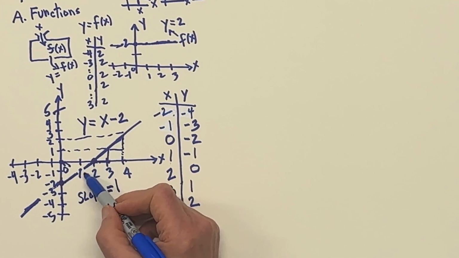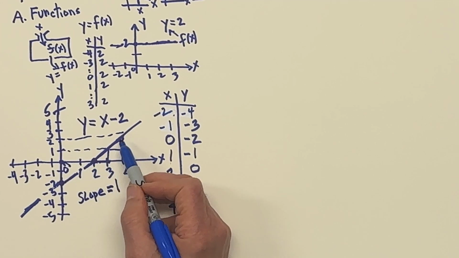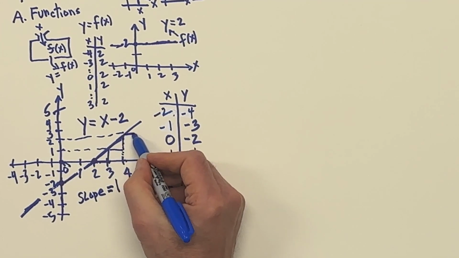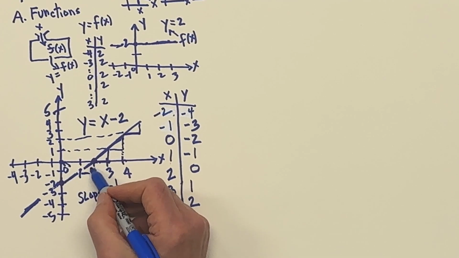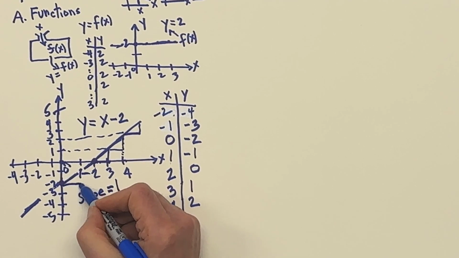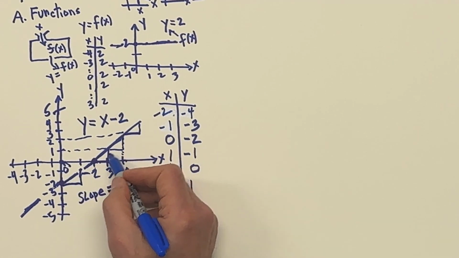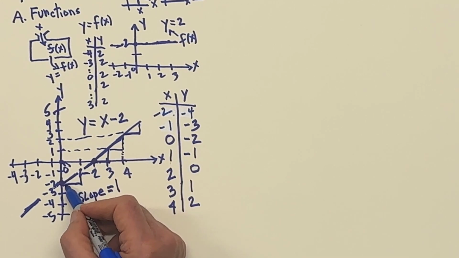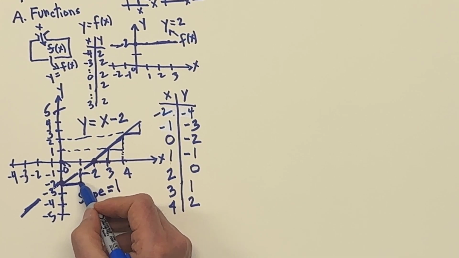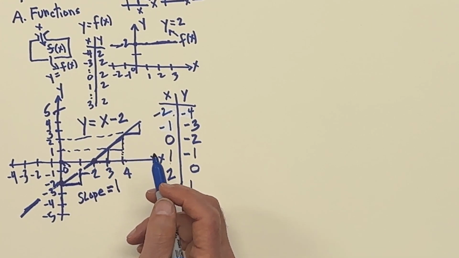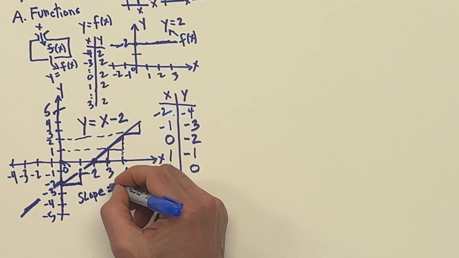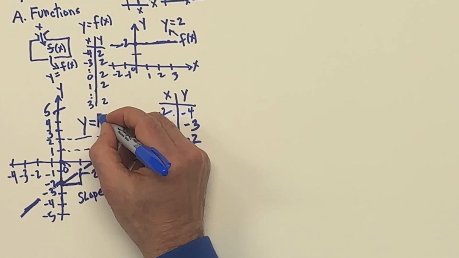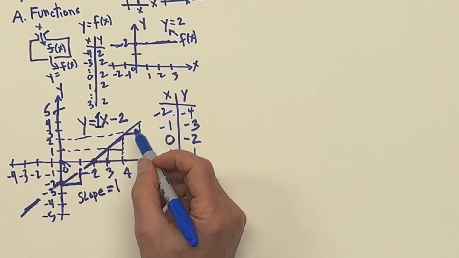So this is happening at all places. You could make all those little triangles that represent 1 unit for a run and 1 unit up. So the slope is 1, and that is what we see here as a 1.